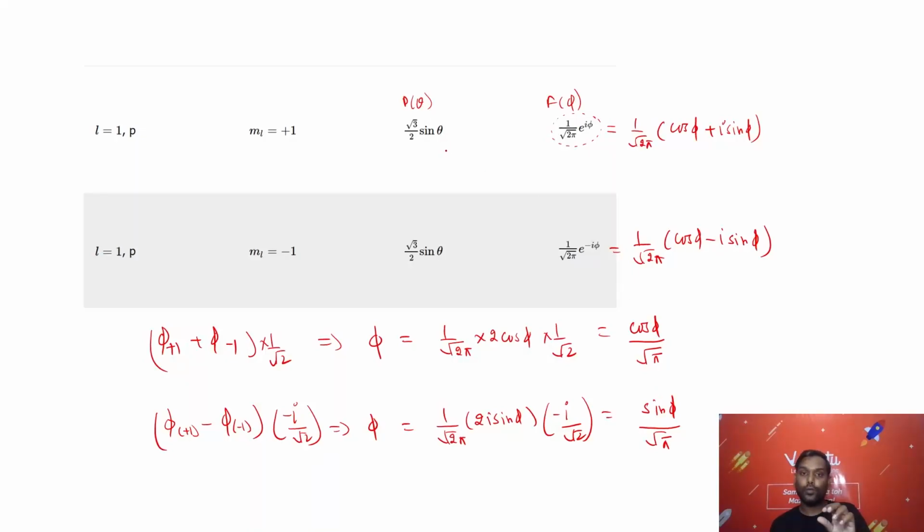So the remaining two p orbitals will be expressed in terms of these phi. We will not be using the earlier phi, because if you use those we will get a complex term. So to get the real term only, if I write the y part of these two, the actual angular wave function for one of the p orbitals would be, let us write it.